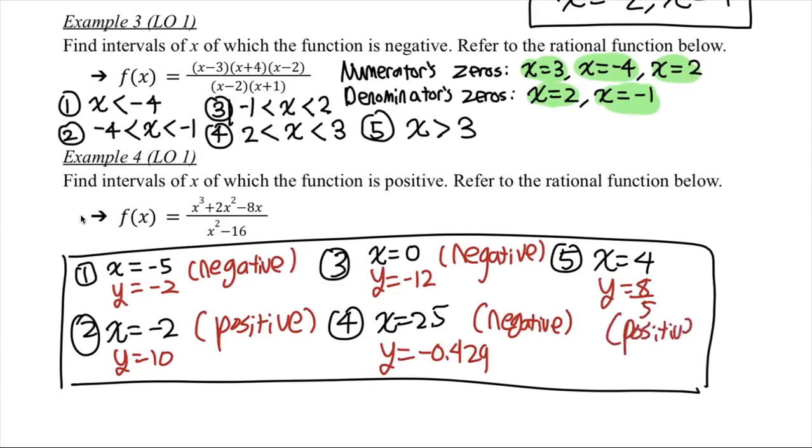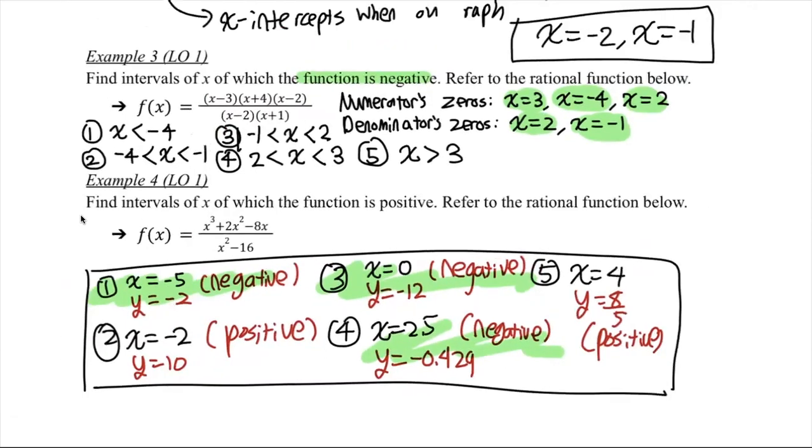So by going through all the test points, we can conclude that the function is negative in intervals 1, 3, and 4.